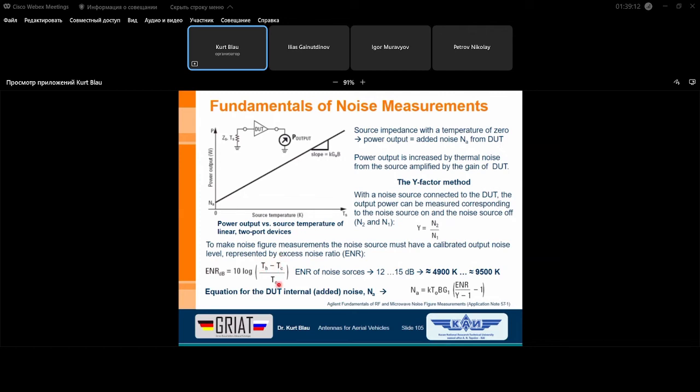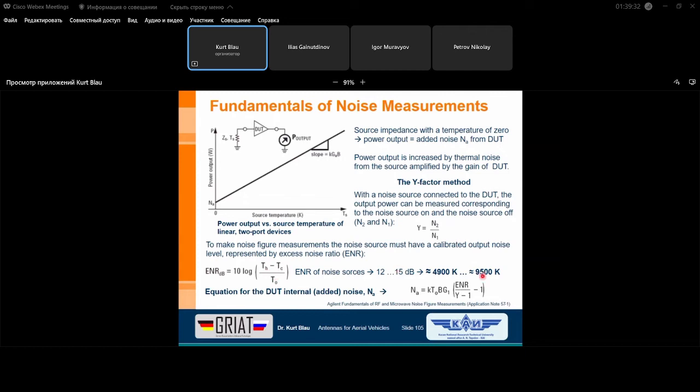But both temperatures in the difference are related to our reference temperature of 290 Kelvin. This is visible here. Again, if both temperatures are identical, then we have here TH divided by T0 minus 1.